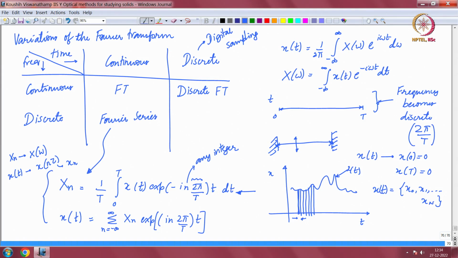Okay. Now, it is not pragmatic to have a signal defined over an infinite domain, and so typically you have signals defined over a finite domain. So you really have to look at this last cell in this table, which is you have a discrete time, which means you have a digital signal sampled, and you also have a discrete frequency because you have a finite domain. And in this region the corresponding transform that you have to do is called a fast Fourier transform, or sometimes called an FFT.